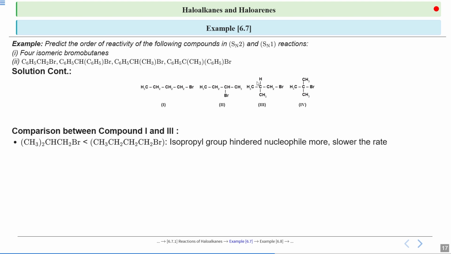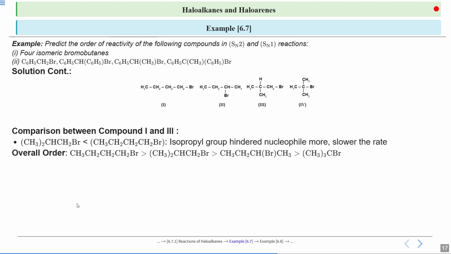Because if you see the third structure, it is a primary halide, we know, but due to the presence of this isopropyl group on the carbon next to the one attached to the halogen, the incoming nucleophile will face steric hindrance, due to which the reaction rate will be slower. But in the case of the first compound, there is no steric hindrance and the reaction rate will be greater.